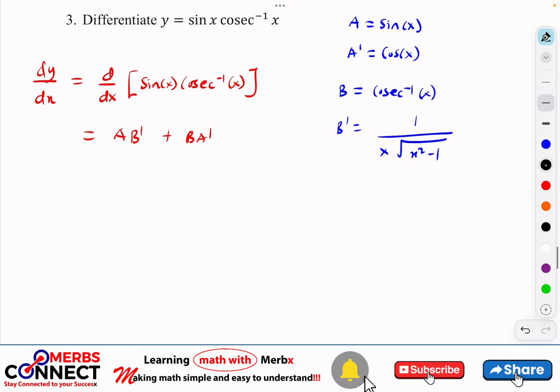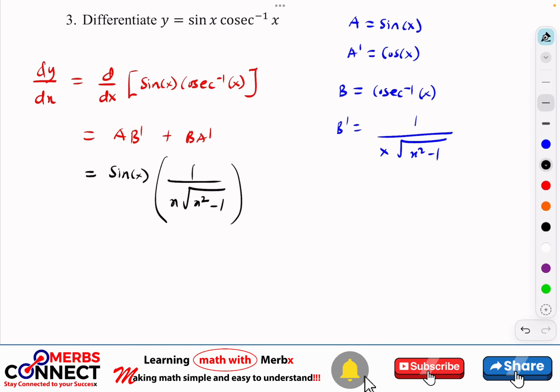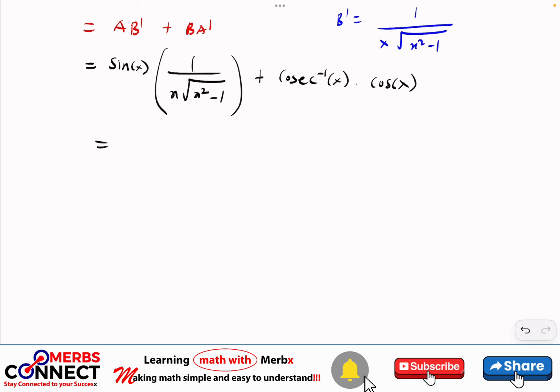So let's just do substitution. a is sine of x, b prime is 1 divided by x square root of x squared minus 1, and b is cosecant inverse of x, a prime is cos of x. So when I simplify this, I have sine of x divided by x square root of x squared minus 1, then plus cos of x times cosecant inverse of x.